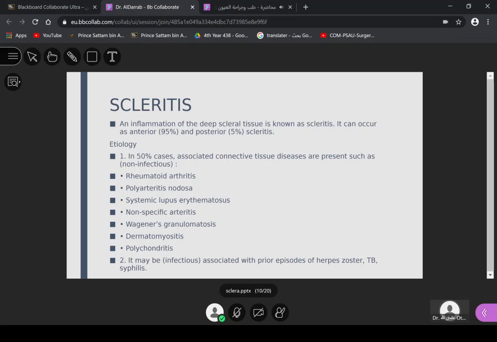These are all rheumatological diseases. So scleritis, if non-infectious, is almost always associated with a rheumatological disease, especially rheumatoid arthritis. And it can be infectious, like herpes or TB or syphilis.